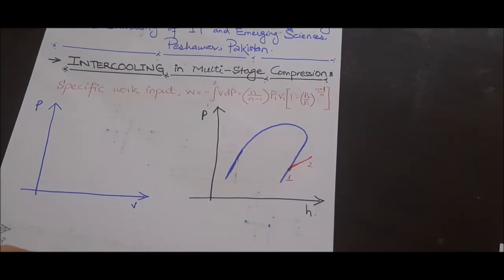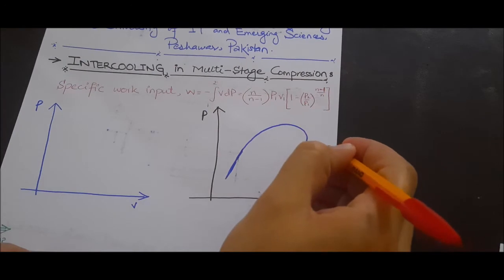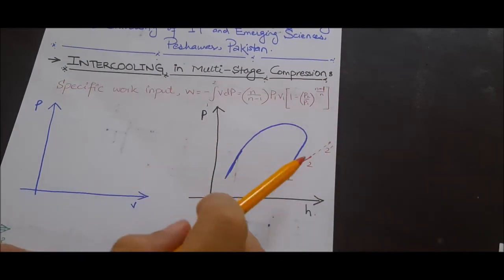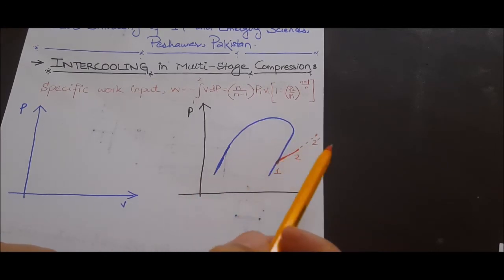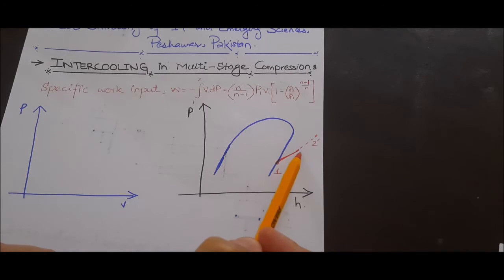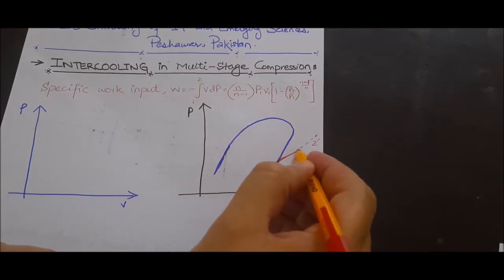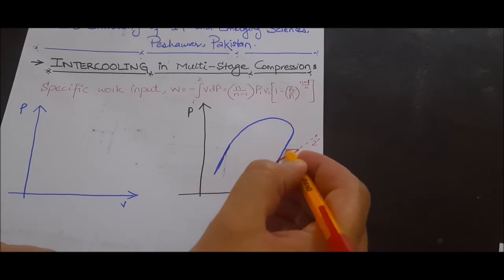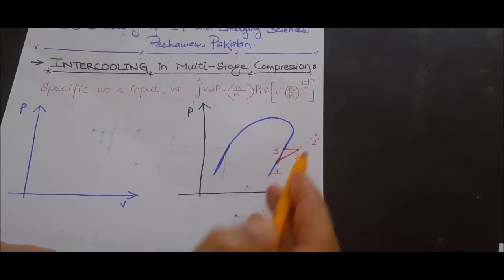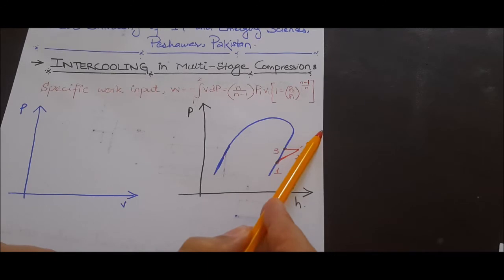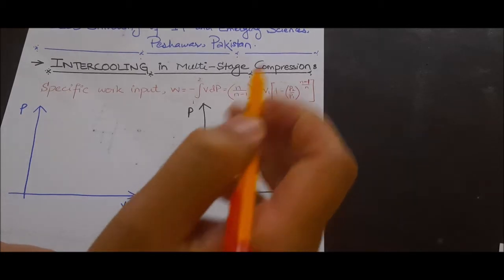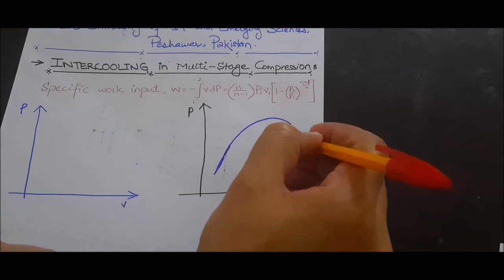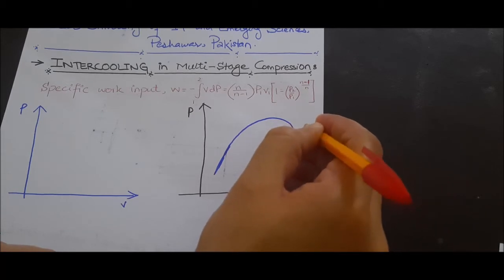Now you can see that it would actually rise to the 2 dash, but since we are doing the compression in multi-stage, it will move from 1 to 2, and then the intercooling process will take place, and rather than going to 2 dash, it will move to 3 due to the intercooling process. And after this 3, another compression will take place from 3 to 4.